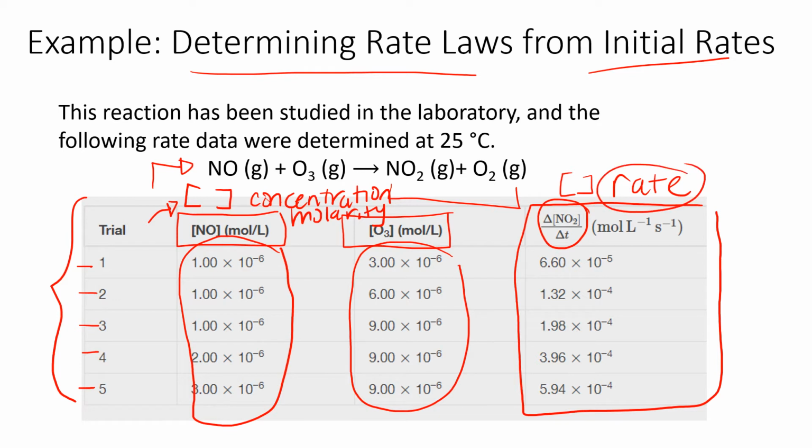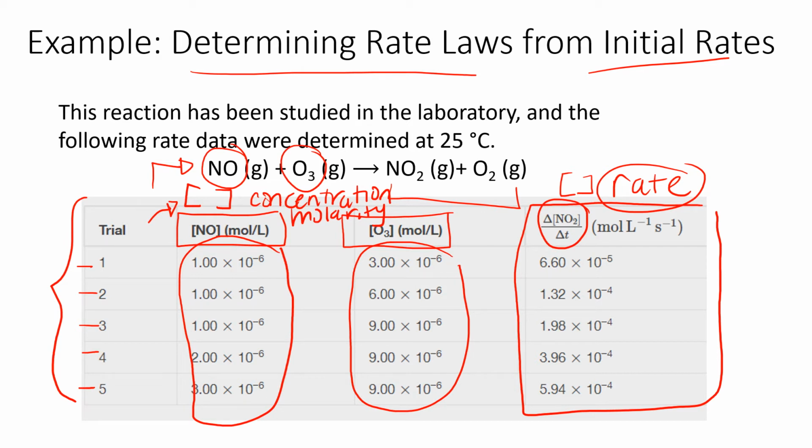So, overall, what do you have? You have 5 different trials, I was going to say 6, 5 different trials of NO, you have the concentrations of both the reactant NO and then for the O3 reactant. So you have information on the reactants and then you have the initial reaction rate overall.